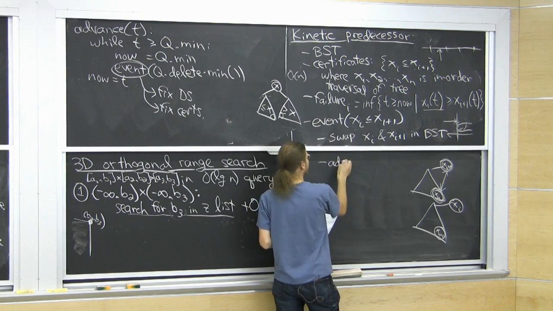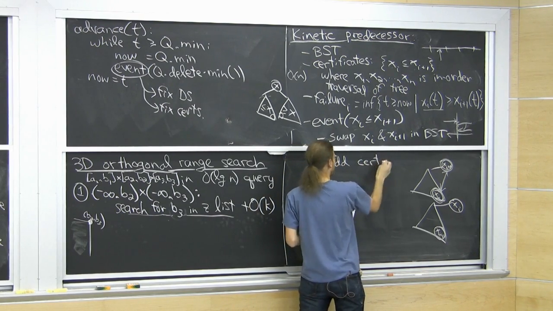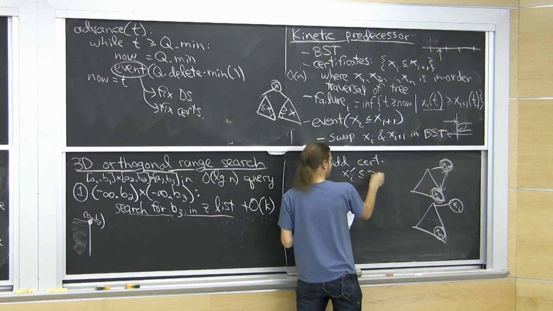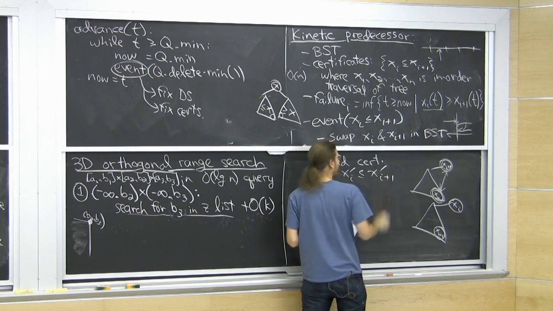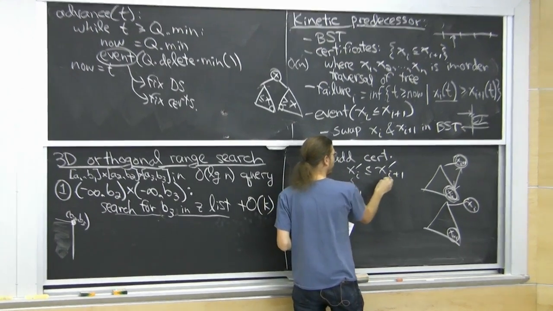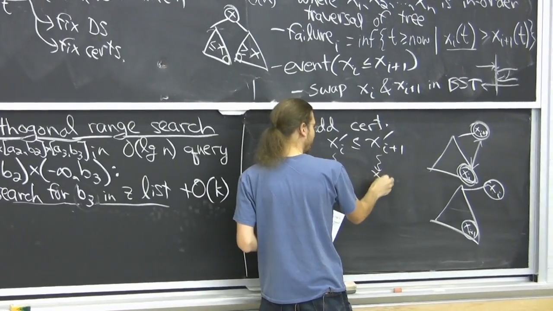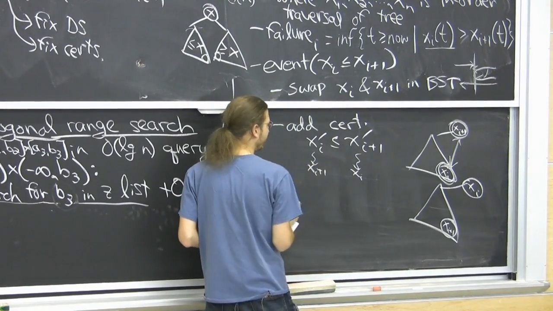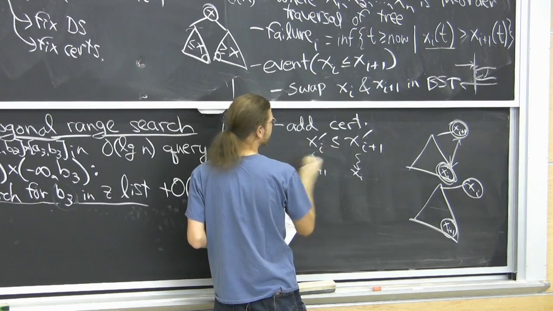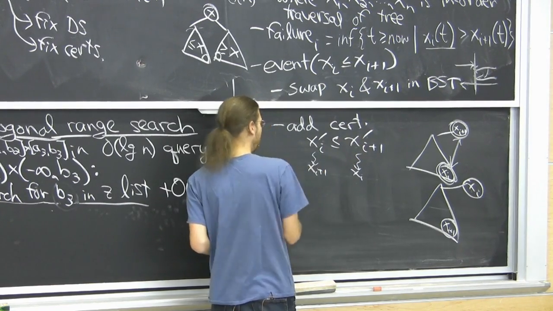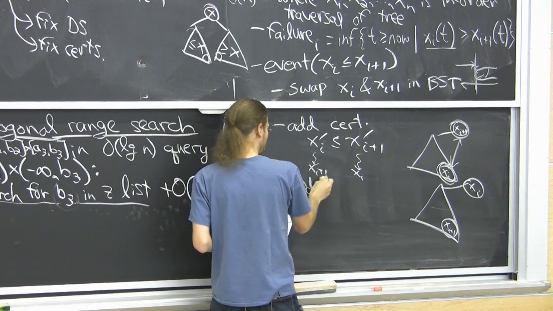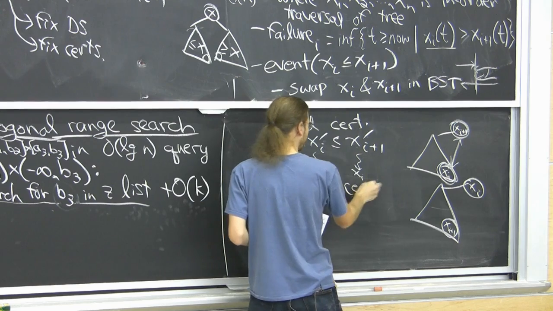So what certificates do we need to do? We need to add this new certificate. I'm going to call it xi prime is less or equal to xi plus 1 prime. So this is actually xi plus 1, formerly known as xi, but that would be really confusing. So I'm going to use the primes to be the new data structure, because this is always the kind of certificate we want. We also need to update certificates.